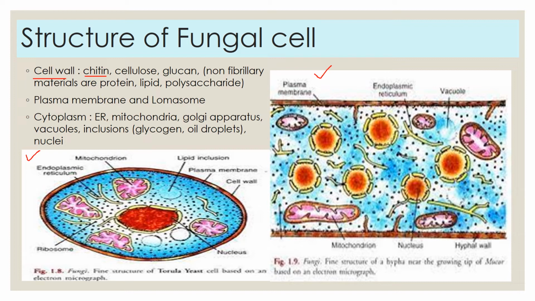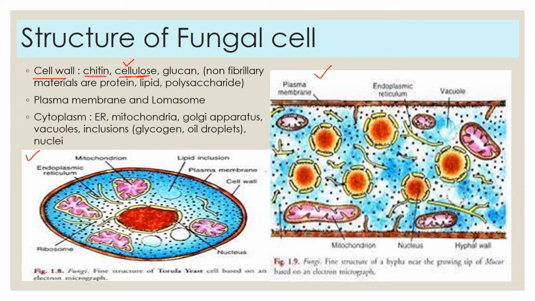Chitin is present in all types of fungi, but in certain types, especially in the Phycomycetes group, that is the lower fungi, there are the Oomycetes, which mainly contain harmful pathogenic fungi, for example Peronospora, Pythium, Phytophthora. These fungi which belong to Oomycetes have cellulose in their cell wall.